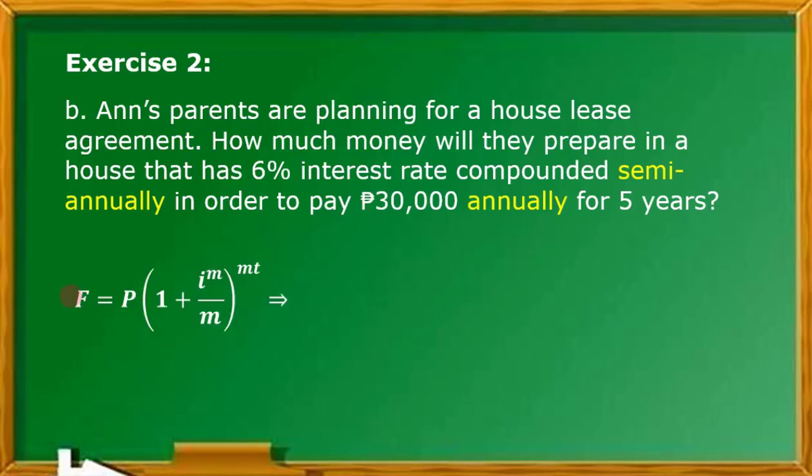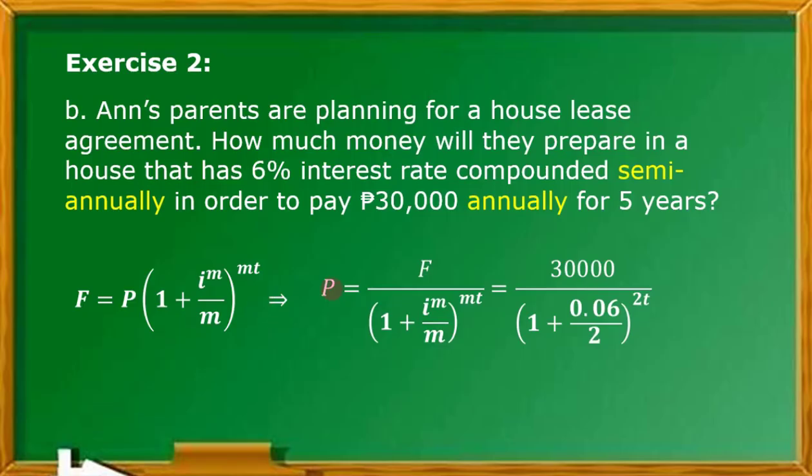So we start with the formula F equals P, or sometimes it's written here as R. You can use either capital P or capital R. In this case, we have capital P, the principal amount, times the quantity 1 plus I over M, the conversion period, close quantity, raised to M times the time.